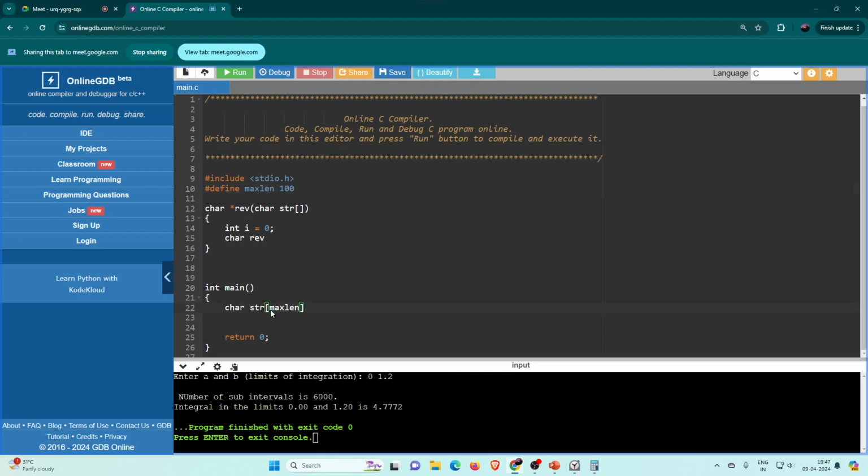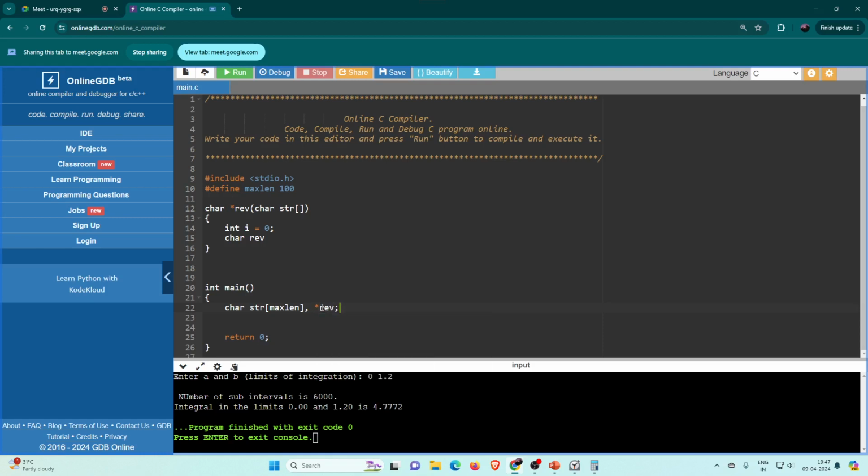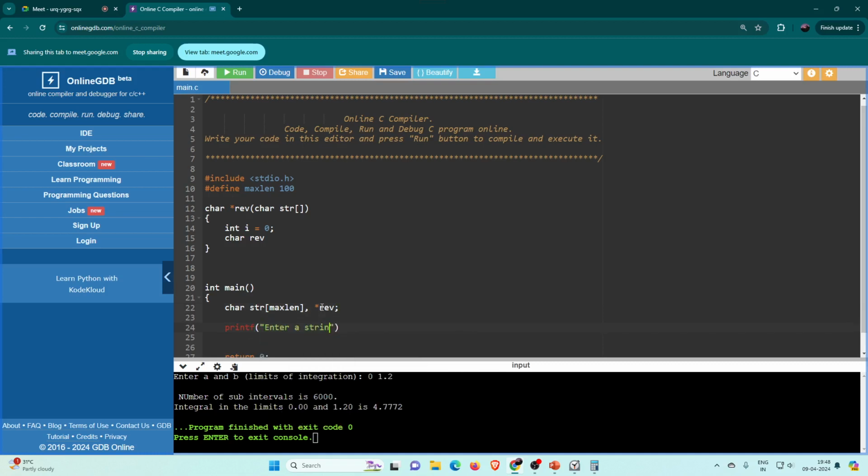That way it will know that the maximum possible length is 100. And of course I'll also use pointers here just for the sake of it. So I'll take the input from the user, printf, enter a string, right?